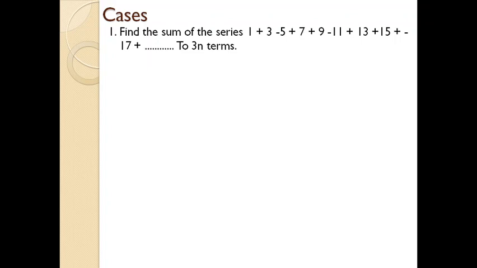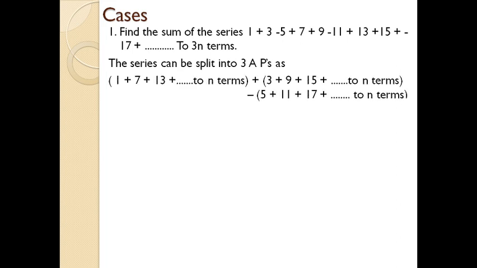Likewise, you need to find two other series, because in the question it is given to find the sum of the series to 3n terms. So we can split the entire series in the question into 3 progressions like this: 1, 7, 13 that we have discussed. Likewise, you will get 3, 9, 15 because there is a common difference of 6 between these numbers.